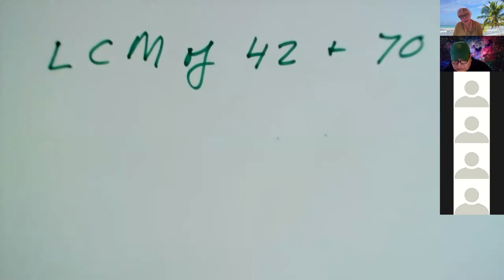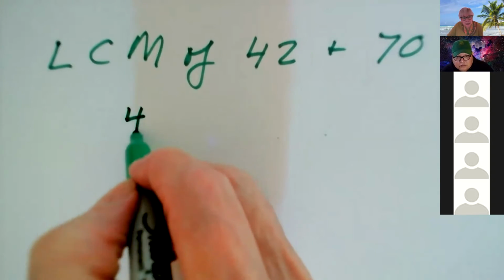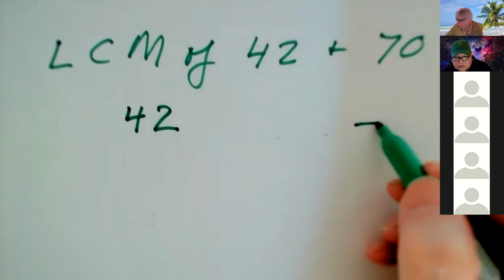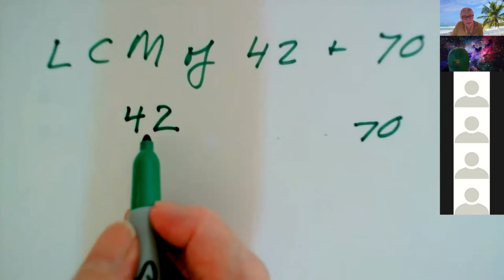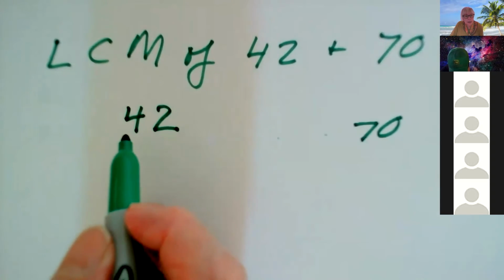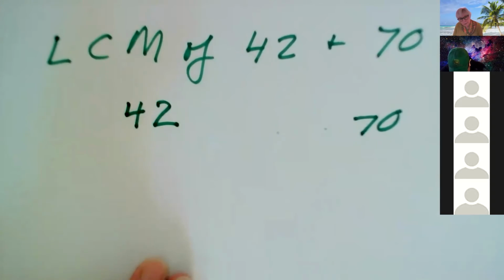And this is the advantage when you write your work on a test and I can see your work: I can see if you're halfway there, you're halfway there. But what needs to be done in each case, I'm losing people. In each case, you need to prime factor it.